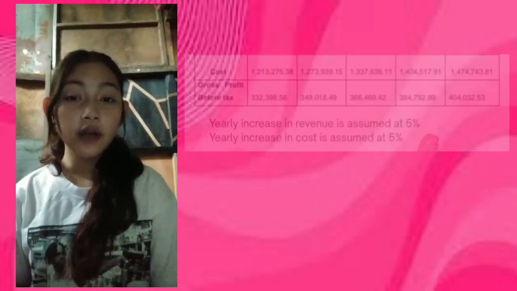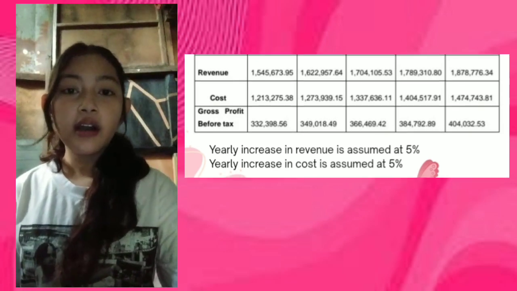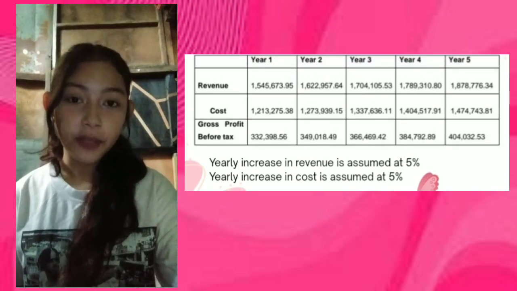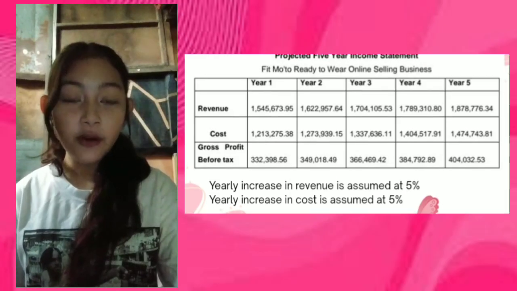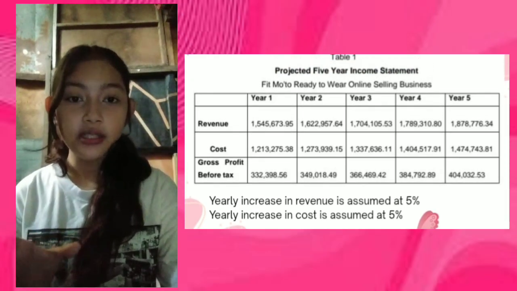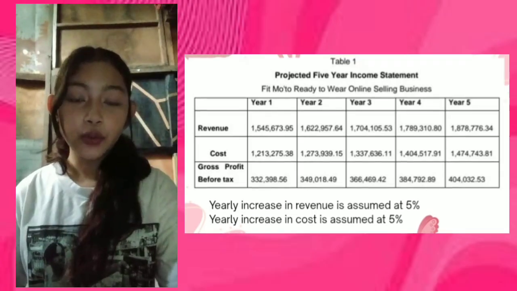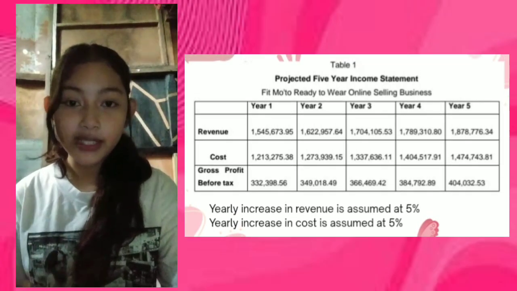Applying ROI to the 5-year projection. Now, let's turn our attention to the data we have for the Fit Motor ready-to-wear online selling business. We have a projected 5-year income statement. This statement forecasts the business performance from year 1 through year 5, based on the key assumptions of a yearly increase in revenue of 5% and a yearly increase in cost of 5%.